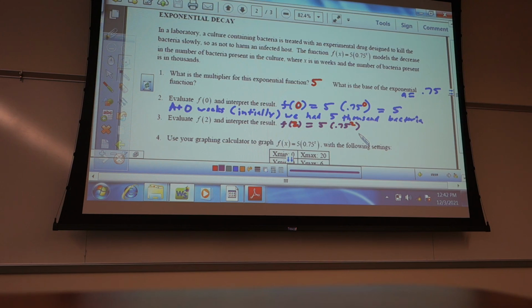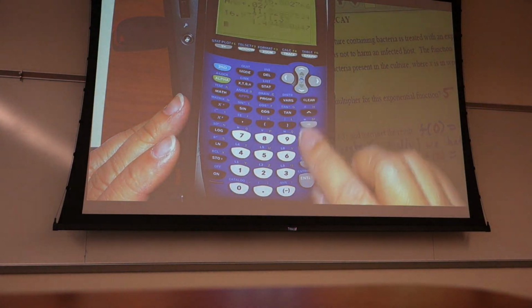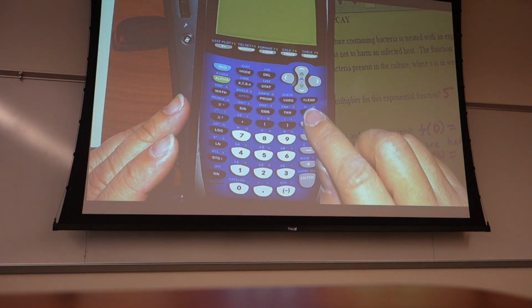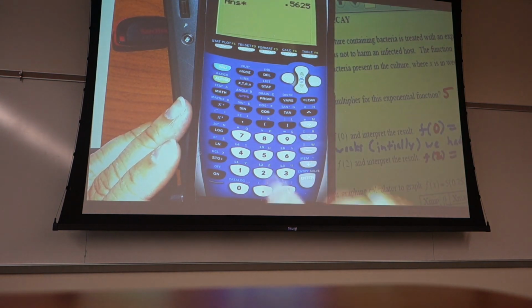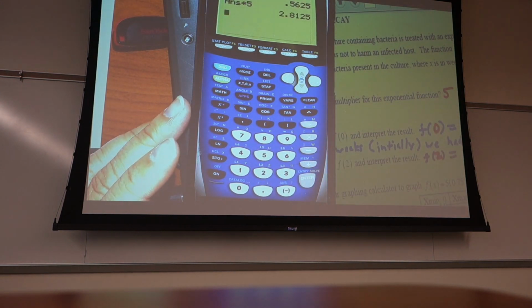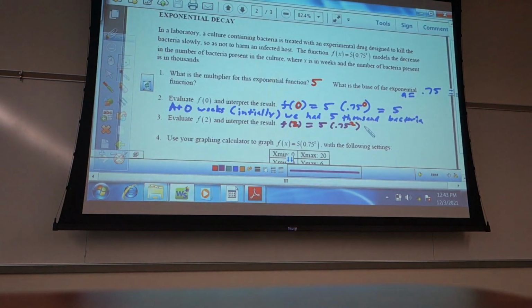Okay, I'll do it here. 0.75 raised to the second power, and then I'm going to multiply that by 5, and we'll get 2.8125, or maybe 2.82. You can round it there, maybe.